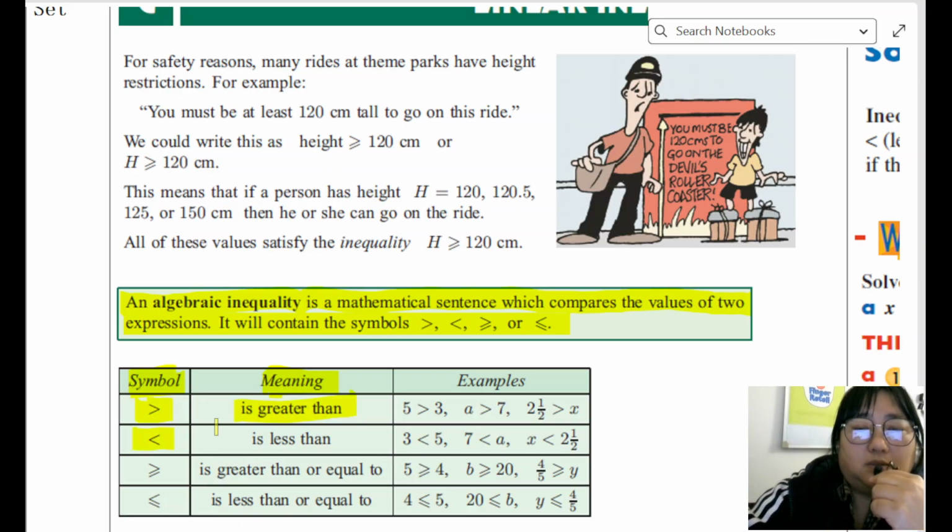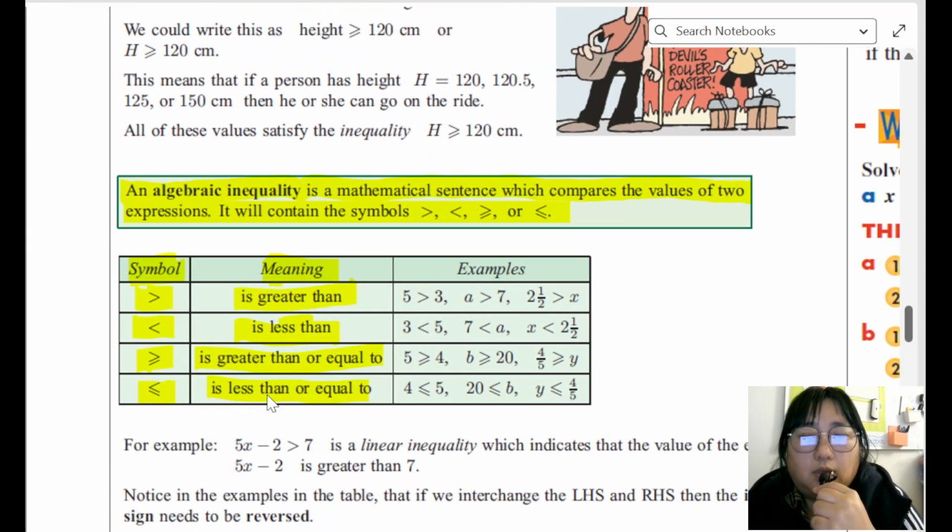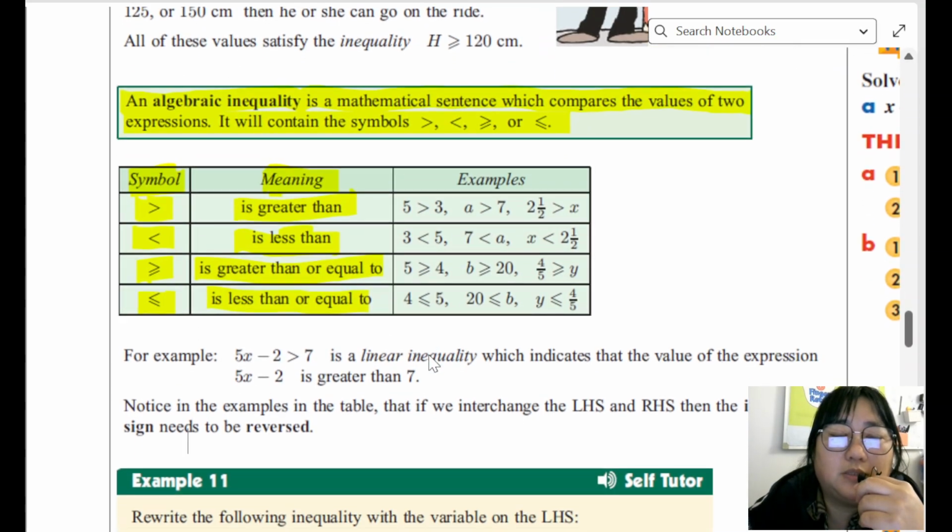The next one is less than, with examples also behind that. And greater than or equal to, less than or equal to. You can have a look at the examples here and get some more idea.